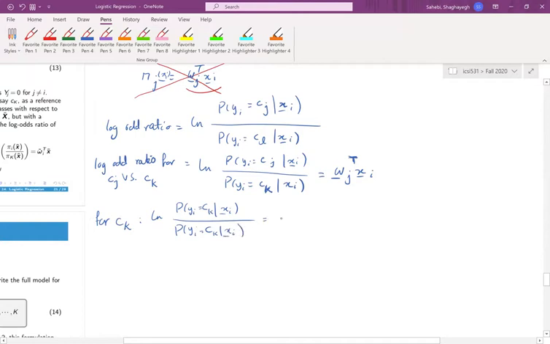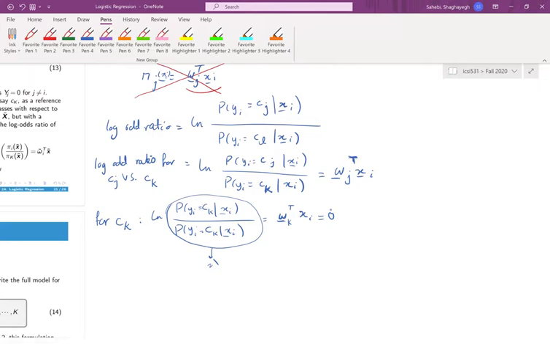It should be equal to Wk transpose xi, right? That's what we expect from the definition of log odd ratio. Okay, but also if you look at this, this should be equal to 1, right? And logarithm of 1 is equal to 0. So the first thing that we get out of it is that this Wk transpose xi is always going to be 0 when we select class K as our base class.